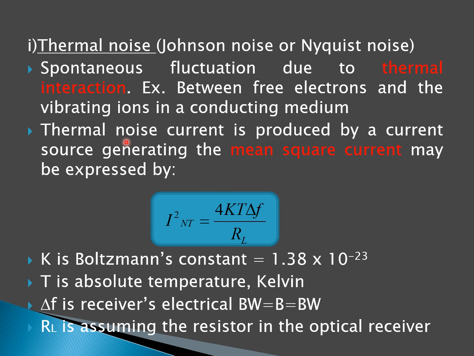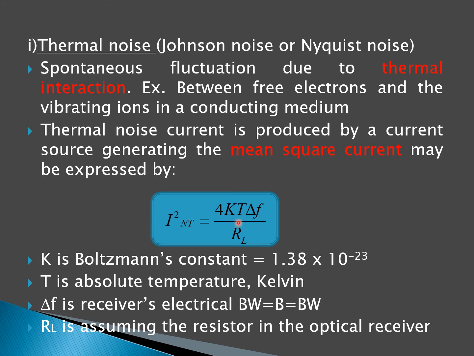Thermal noise current is produced by a current source generating the mean square current. This is the mean square thermal noise current. The mean square current is equal to 4kTΔF divided by RL. k is the Boltzmann constant, the value is fixed.